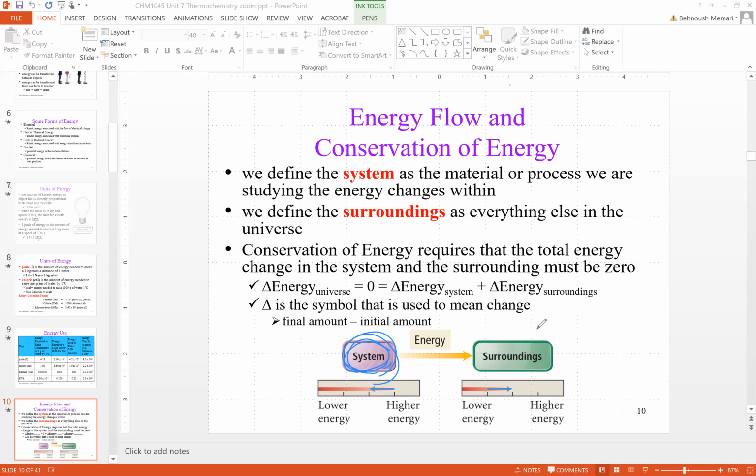Anything outside of that is going to be the surroundings. When energy is given from the system to the surroundings, the energy of the system is going to go lower, and the energy of the surroundings would increase. So if energy is given off by the system, the internal energy of the system would be lowered, and the surroundings basically gain energy.